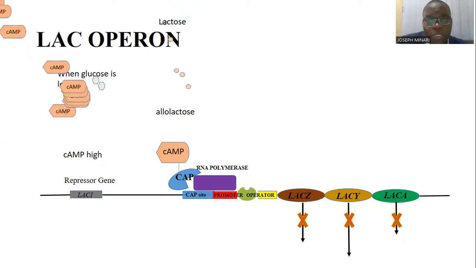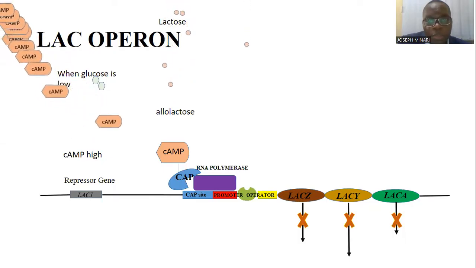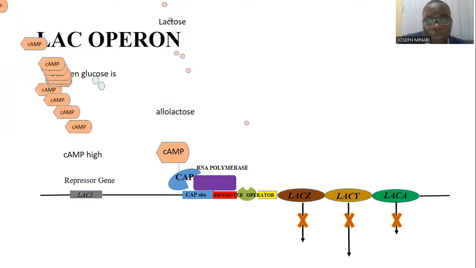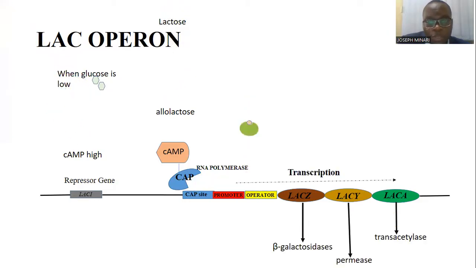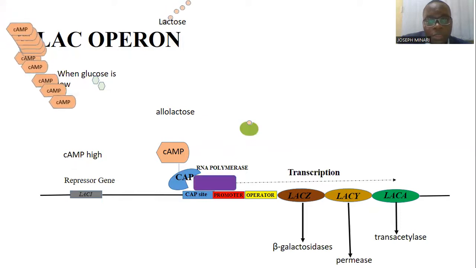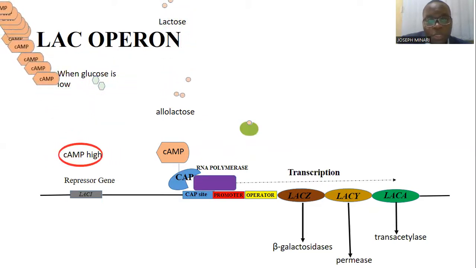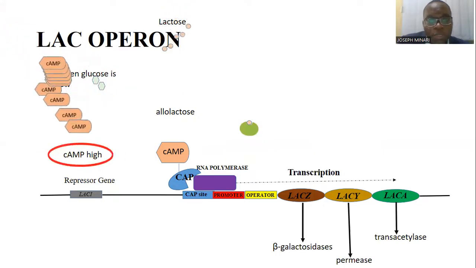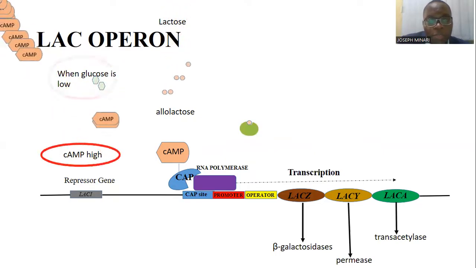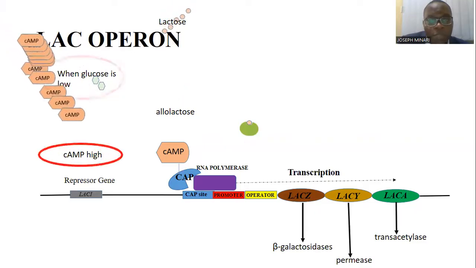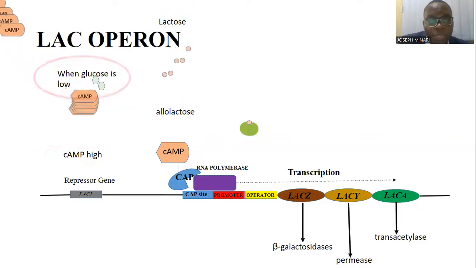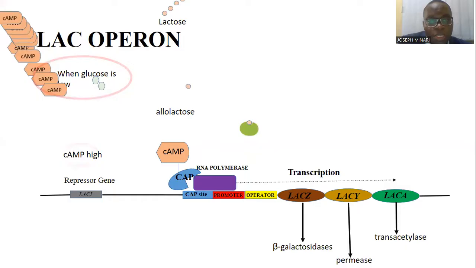When it does that, it makes the repressor protein at the operator dissociate. And immediately, the repressor protein dissociates from the operator. Then the coast is clear for RNA polymerase that has been stabilized by the cAMP-activated CAP.